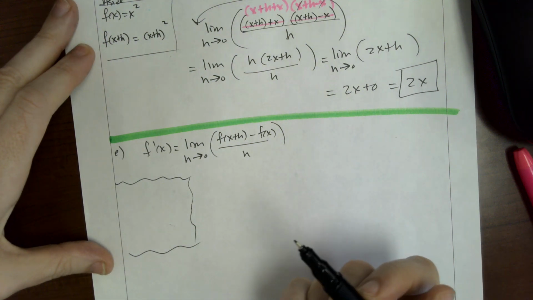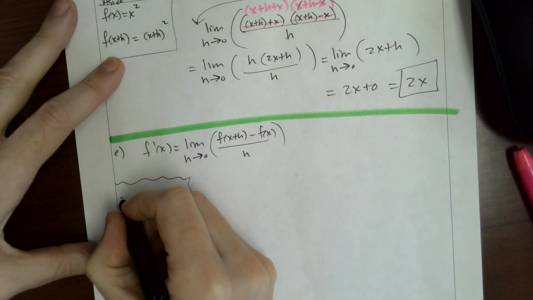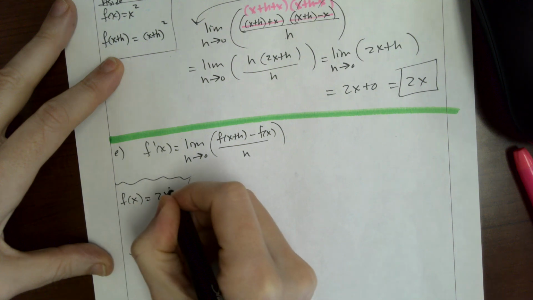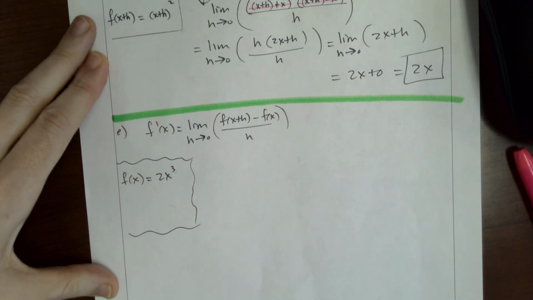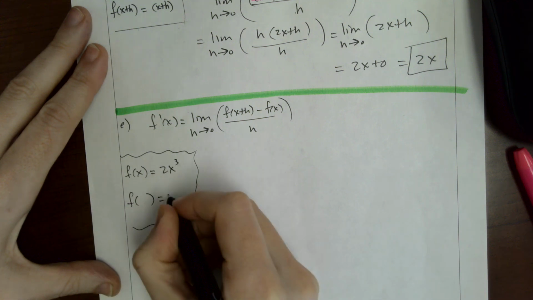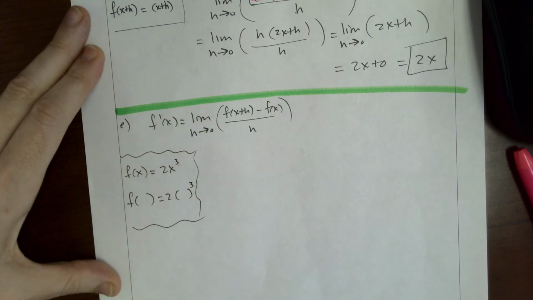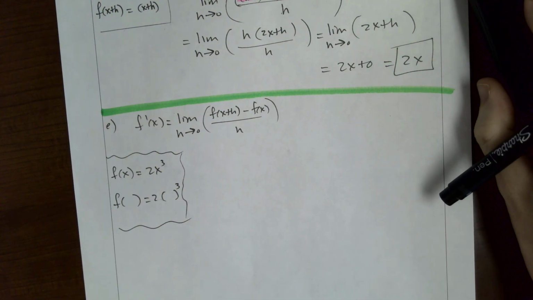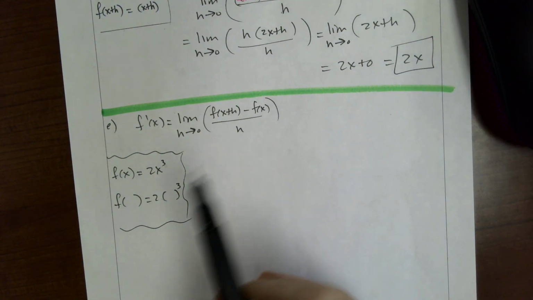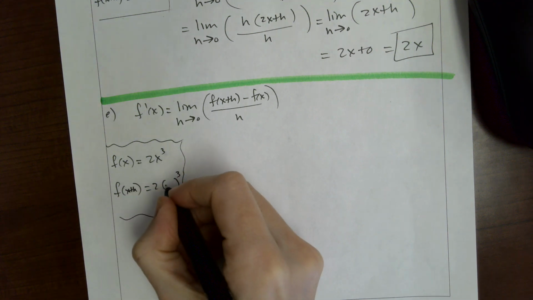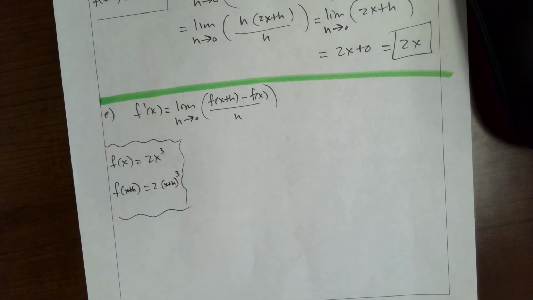And this part is optional, but I'll figure out, okay, so f of x is 2x cubed. They gave that to me. And what this function does is it takes whatever the input is and it cubes it and then multiplies it by 2. So instead of an x being the input, we want the binomial x plus h.